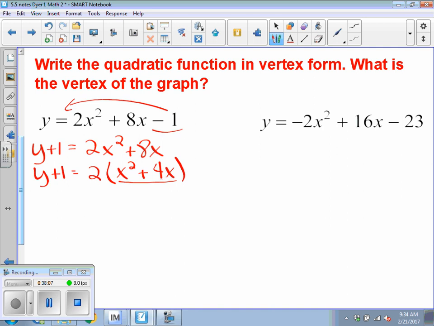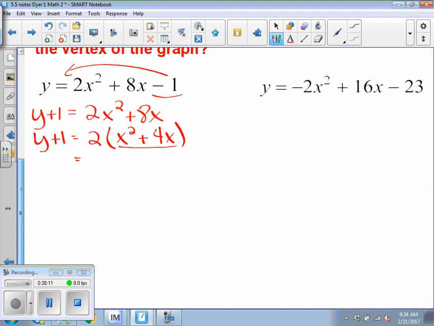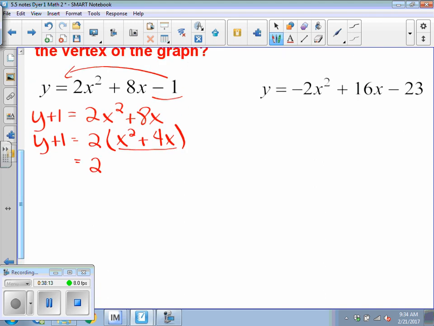So this is going to be 2, and then we're going to have to complete the square in here. x squared plus 4x plus blank. So if we're going to add something to the right, we're going to have to add something to the left also. Now it looks different because we're completing the square on the right instead of the left, but it's the same because they're equal. It's okay.